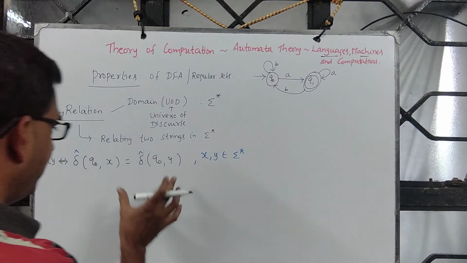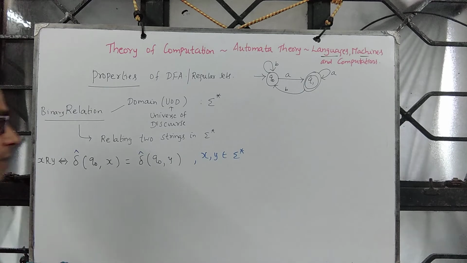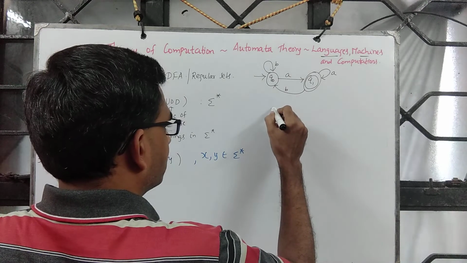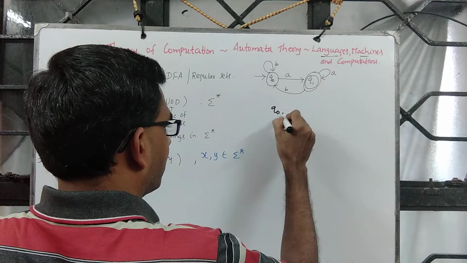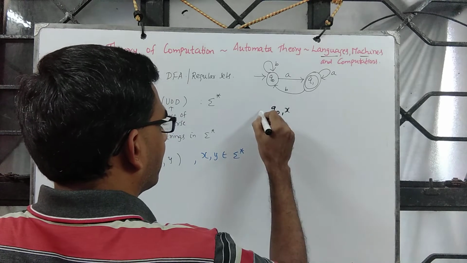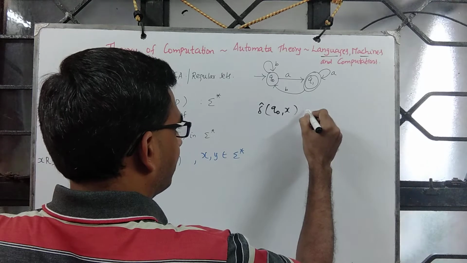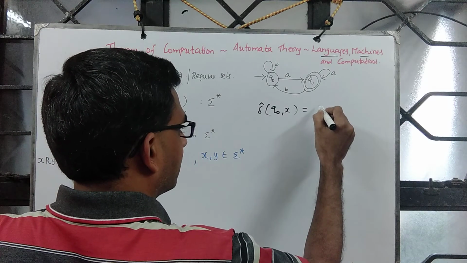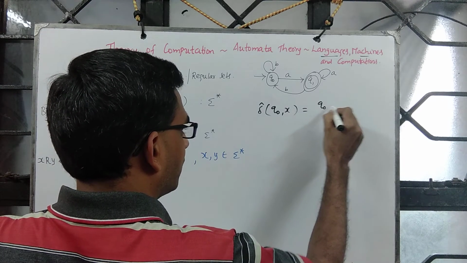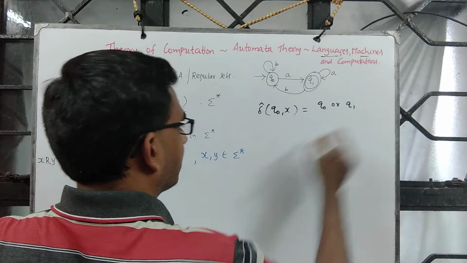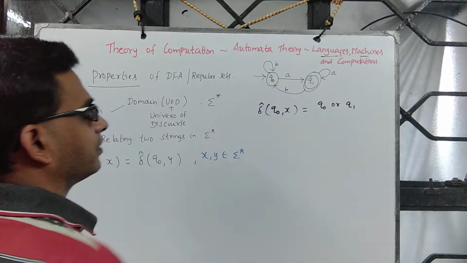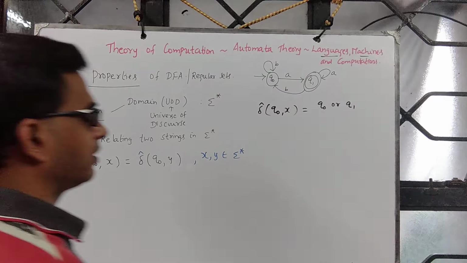So if you carefully look at this, q naught comma x, the value of this can be either q naught or q1 because it is a state in this, correct?